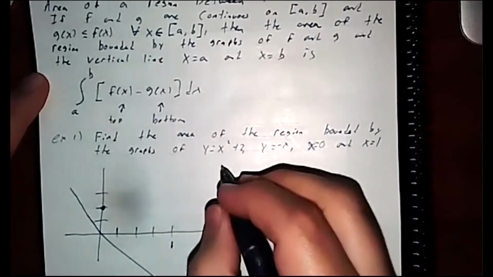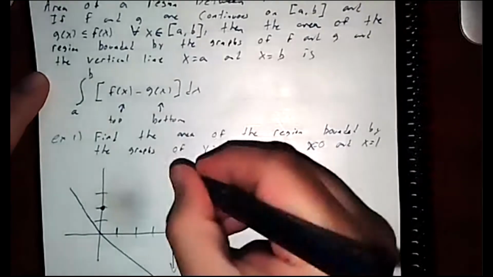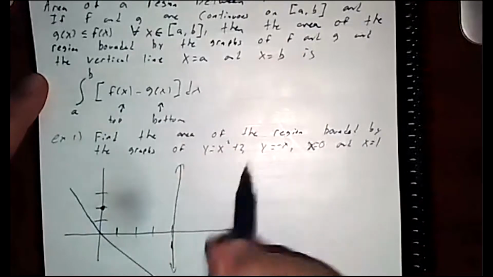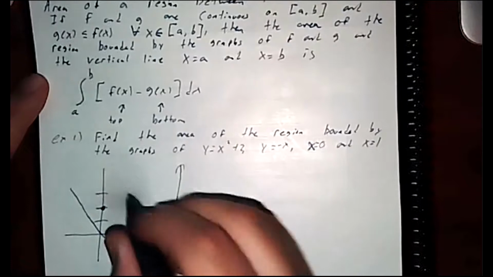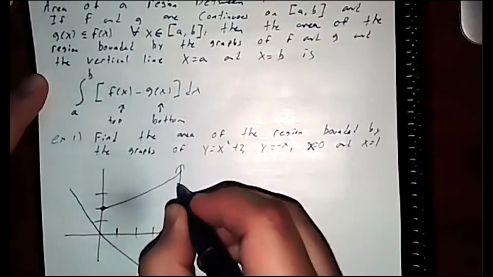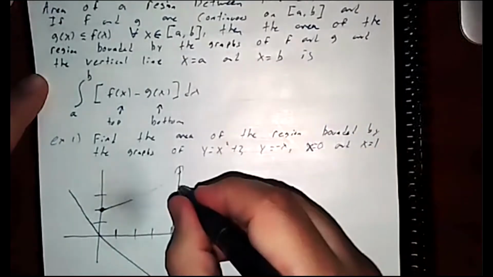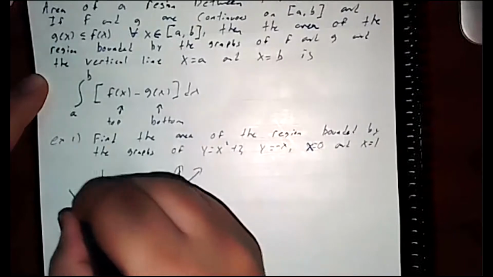Here is my vertical line, x equals 1. At 1, the parabola would be 3, right? 1 squared plus 2 is 3. So I have a parabola going this way. The point would be here. The parabola keeps going technically, but all we need is this little slice right here.